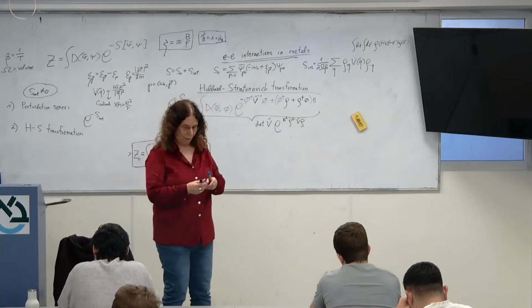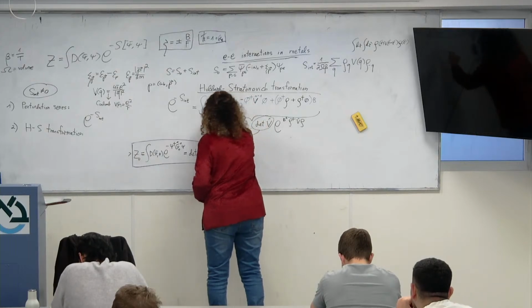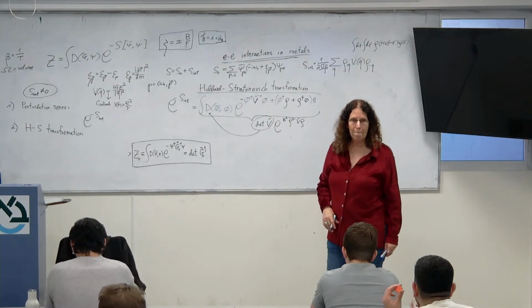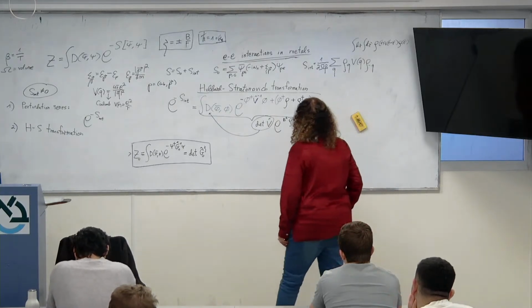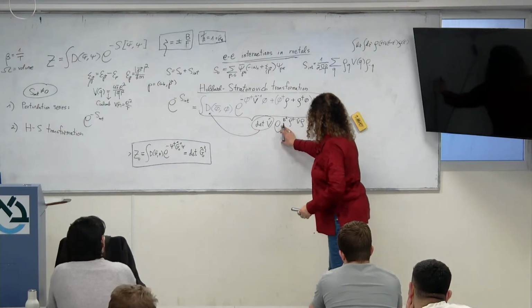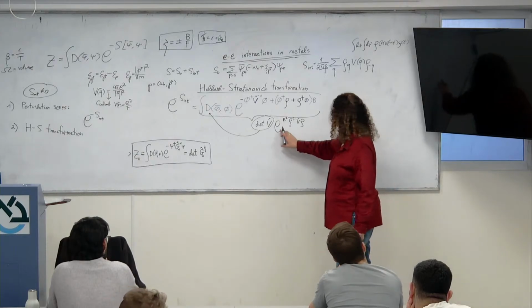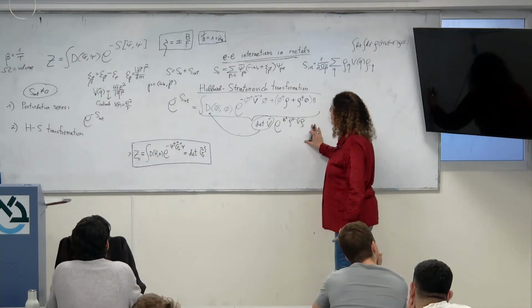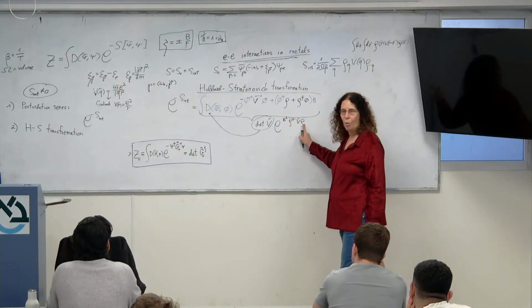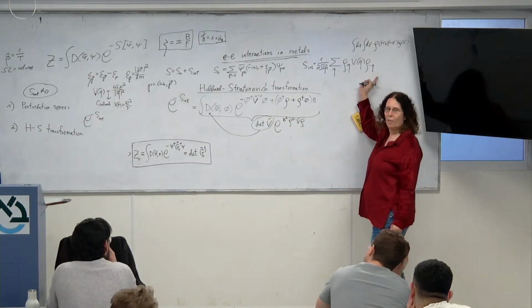So let's not worry about it. Then I'm only left with the Gaussian expression, which is quadratic in rho. And it's actually exactly what we have.